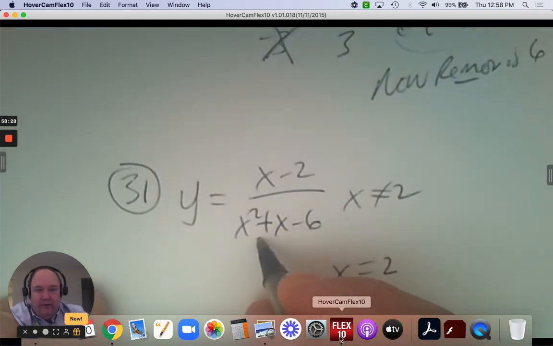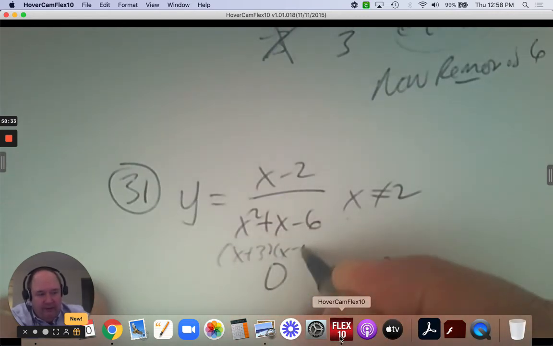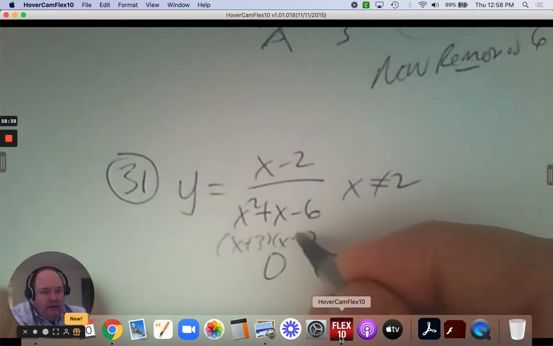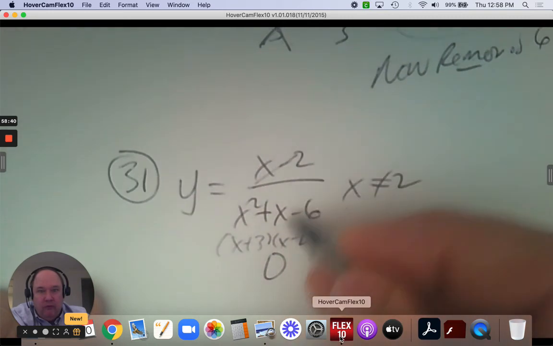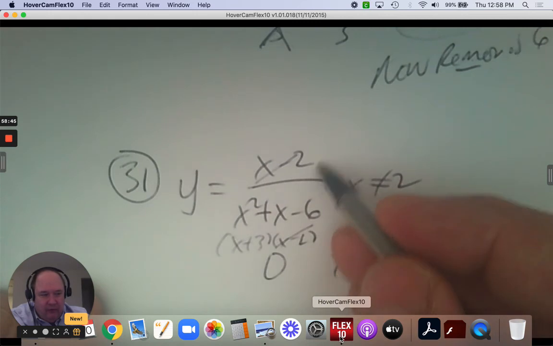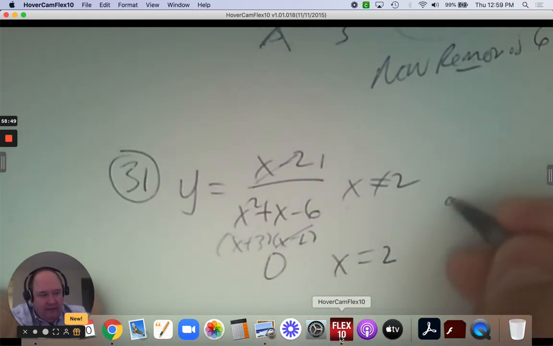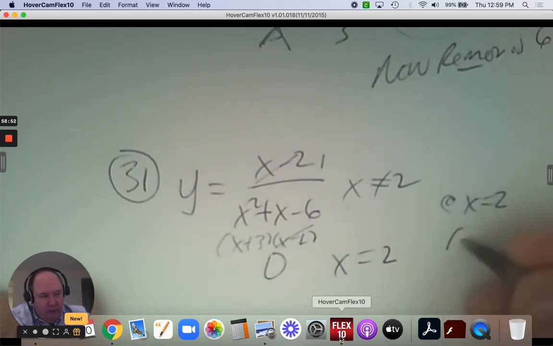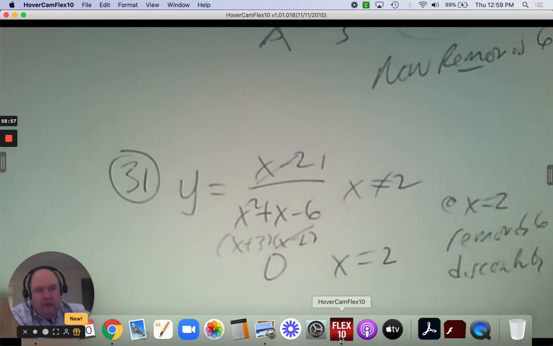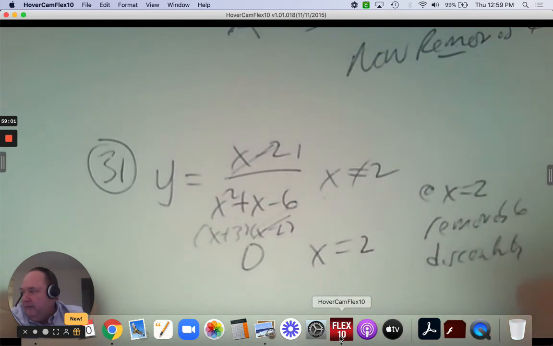We already looked at this denominator, and it was x plus 3 and x minus 2. In this situation, you can actually remove x subtract 2. So at x equals 2 is a removable discontinuity, because you can take x minus 2 and remove it.